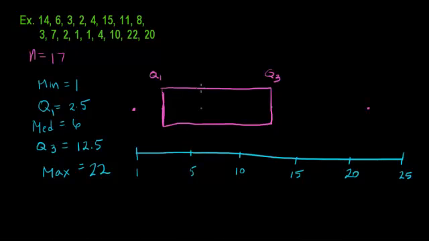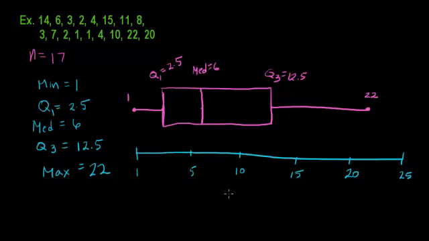And then at the median, we just draw a line in the box. So there's our median. So the median was 6, Q3 was 12.5, Q1 was 2.5, and our minimum value was 1, and what we draw here is just a straight line. Sometimes this is called a box and whiskers plot because these look like whiskers coming off of the box, and then a line out to our maximum value at 22.